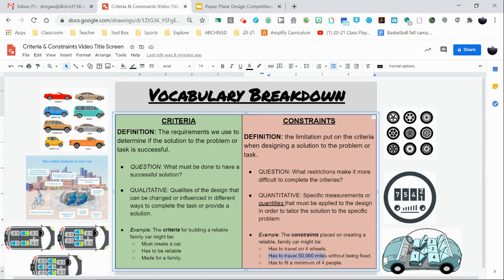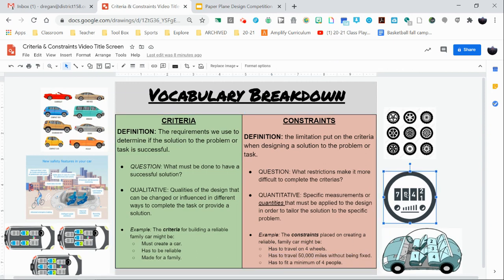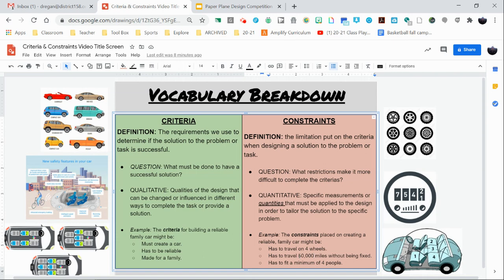Has to travel 50,000 miles without being fixed. So that's looking at the speedometer of your car. Now notice we have to be able to travel 50,000 miles without being fixed, okay? That's a specific restriction, okay? And that's a measurement or quantity that's applied. So notice 50,000, that's specific quantitative information.